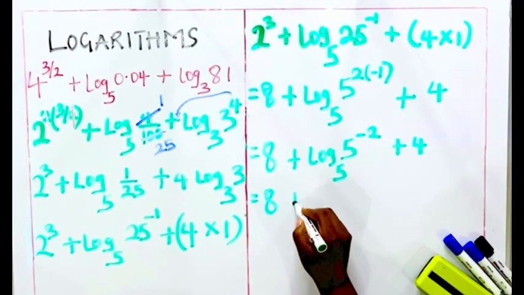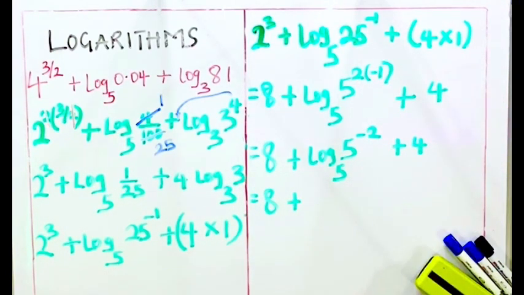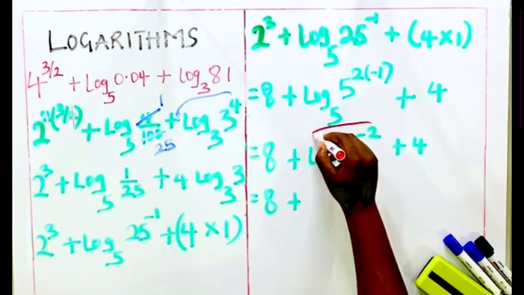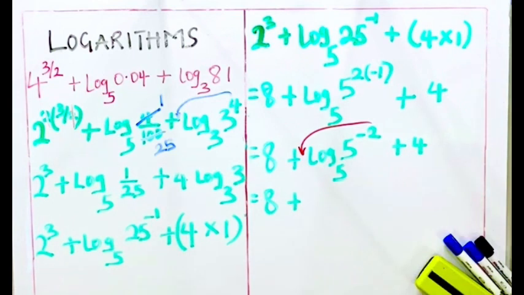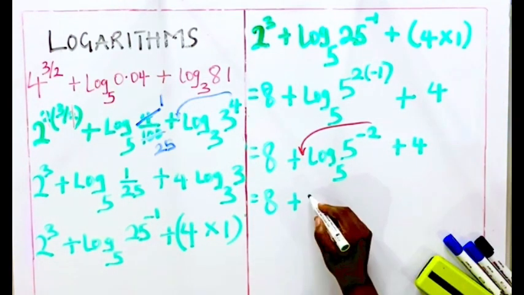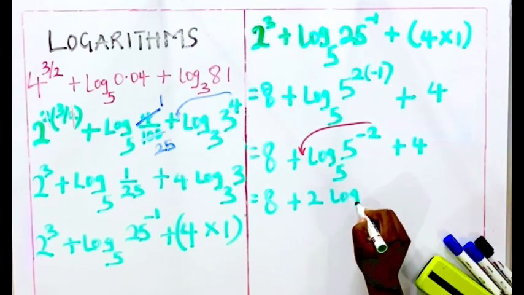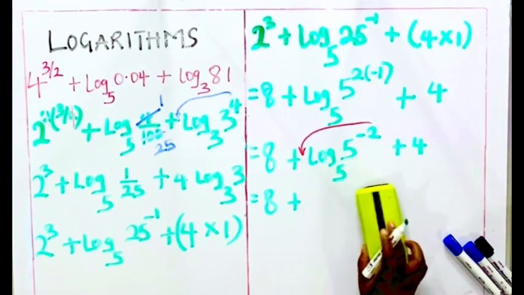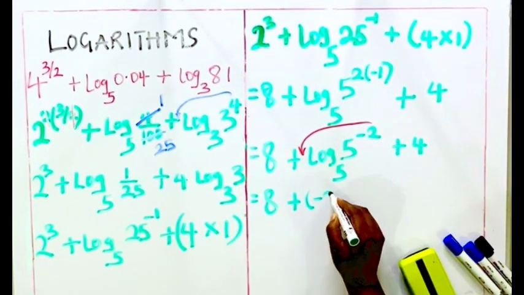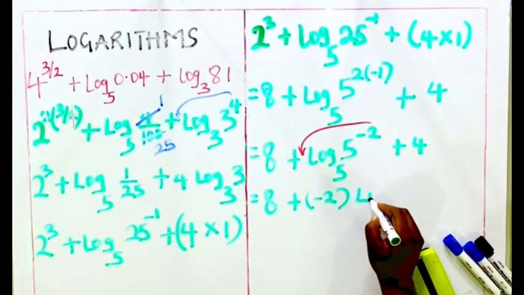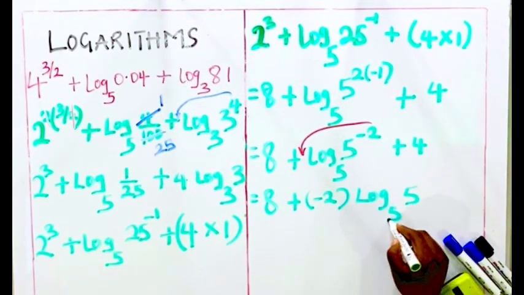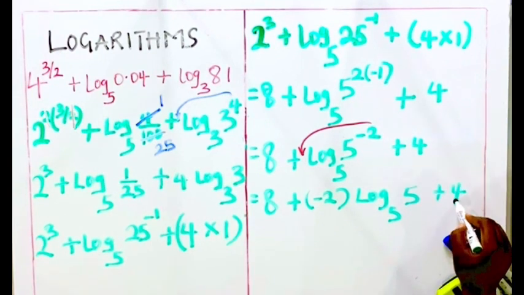This is 8 plus, remember what happens when you have an index up here, minus 2 moves over to the front, and this will be minus 2 in brackets, log 5 to base 5 plus 4.